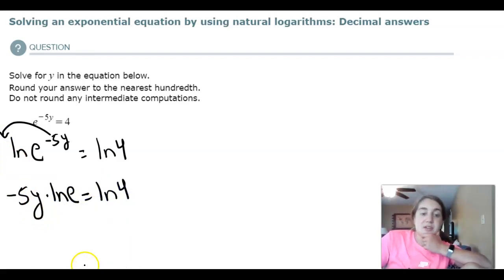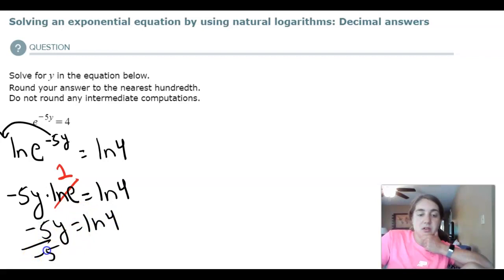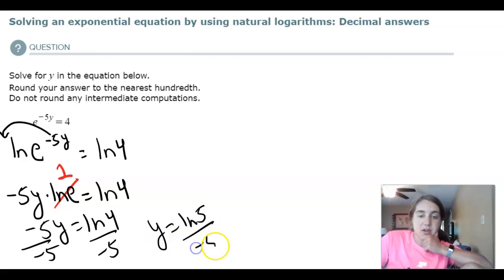There's a couple ways we can handle it from here. We know this cancels to 1. Then we get y equals ln of 5 divided by ln of 4.